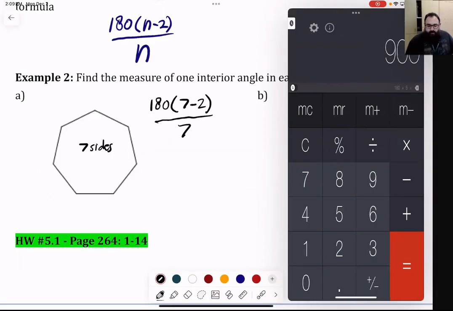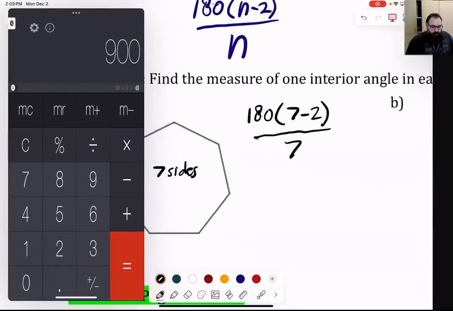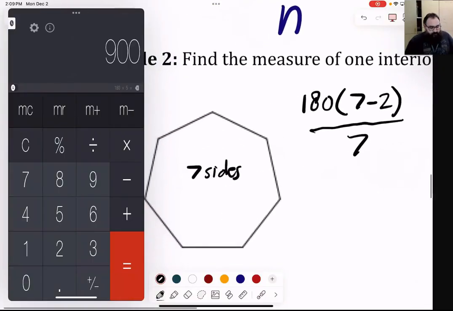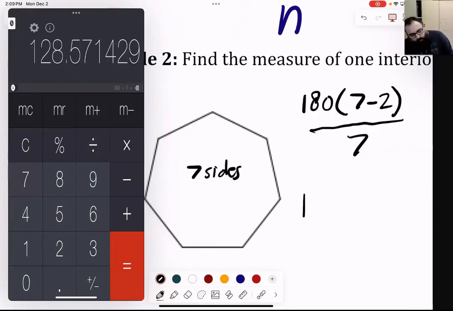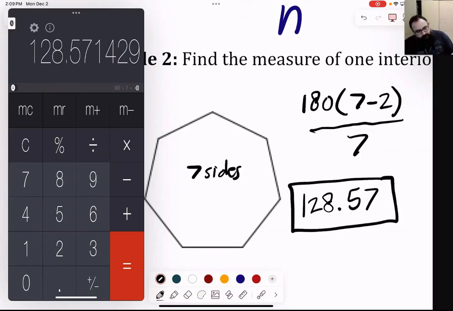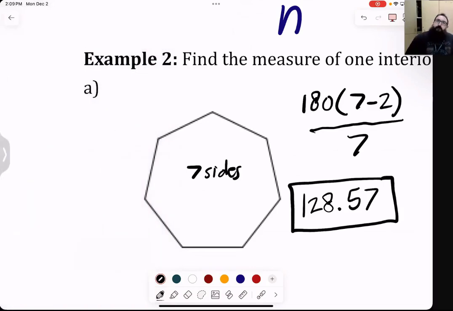Times 5, and that gives you 900, divided by 7, and we get 128.57. And that's it.